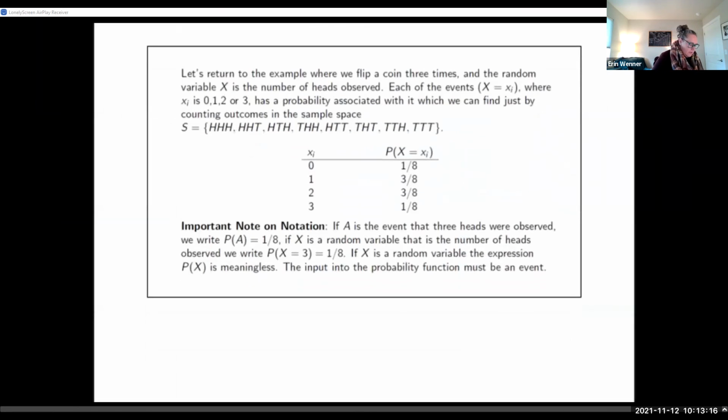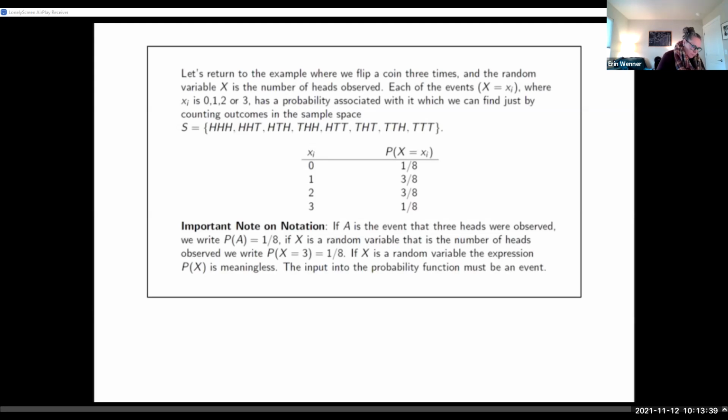So if we're returning to the example where we flip a coin 3 times, and the random variable x is the number of heads observed. Each of the events, x equals xi, where xi is 0, 1, 2, or 3, has a probability associated with it, which we can find just by counting the outcomes in the sample space.